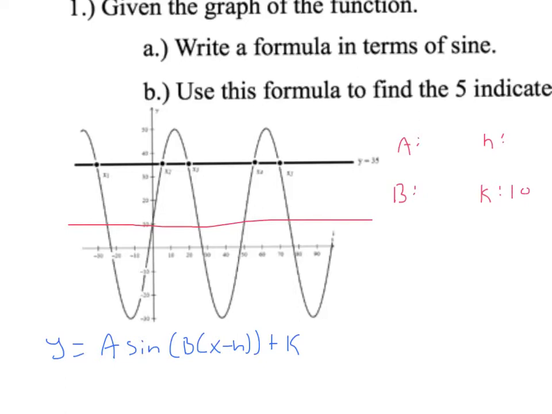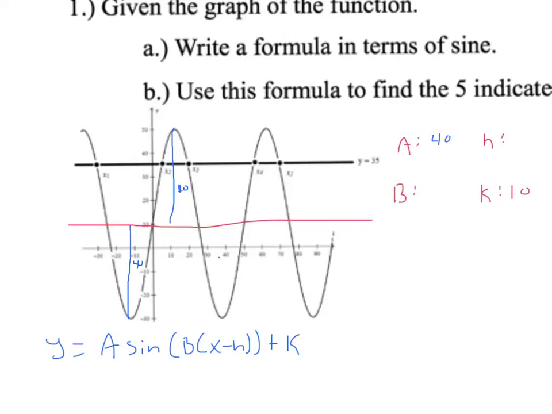And now, with that, we can find that the amplitude is the distance that we go from the midline down to the minimum, or from the midline up to the maximum. And that distance is 1, 2, 3, 4, so 40 up or down 40. So our amplitude is 40.